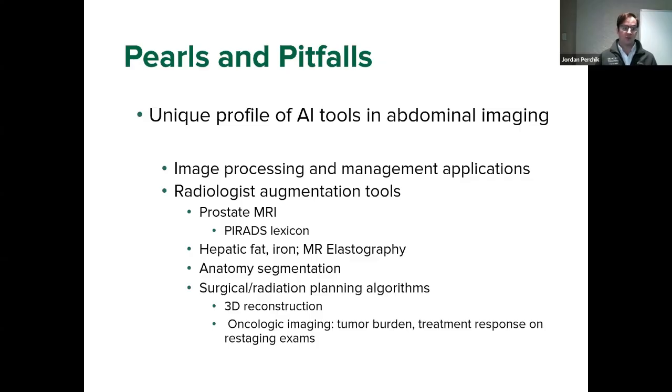We also have different tools that increase the role that we can perform, like hepatic iron and fat quantification, MR elastography, and different segmentation tools, which can be used in different ways, both to help with our diagnosis and for opportunistic screening. These can also be used for 3D reconstructions, for oncologic imaging, tumor burden, responses to treatment, and the 3D reconstructions can be very helpful for surgical planning too.